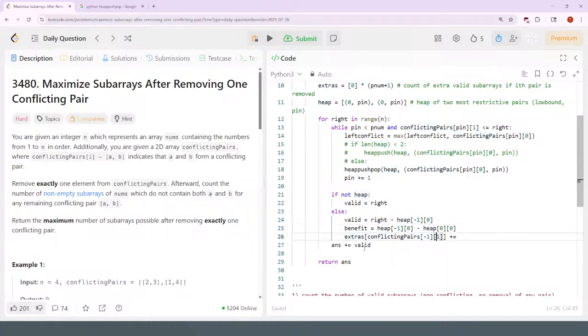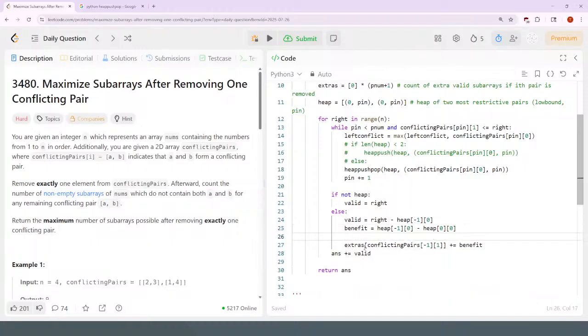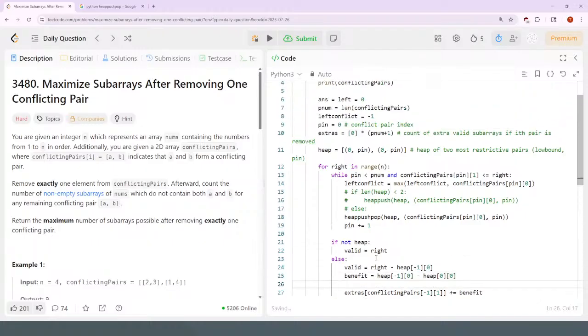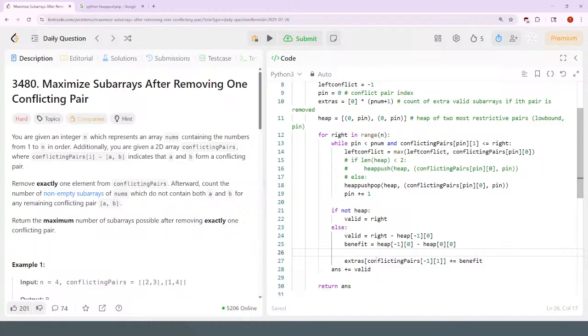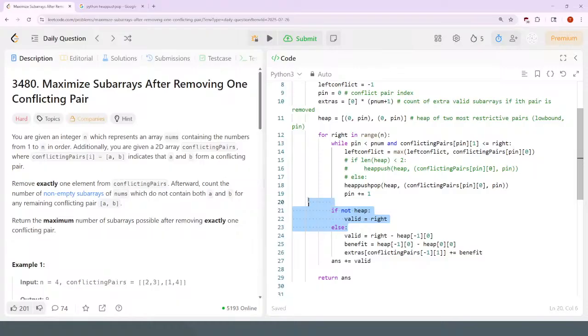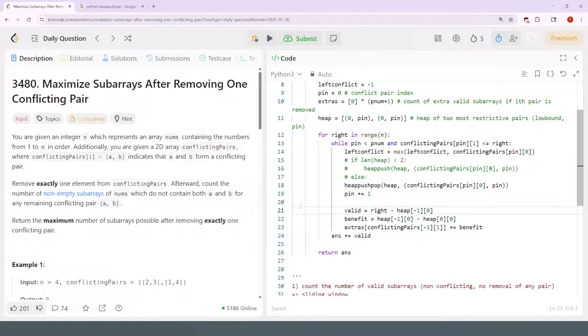And extras of conflicting pairs plus equals the benefit. So I can also remove this not heap check because the heap is always going to have something.